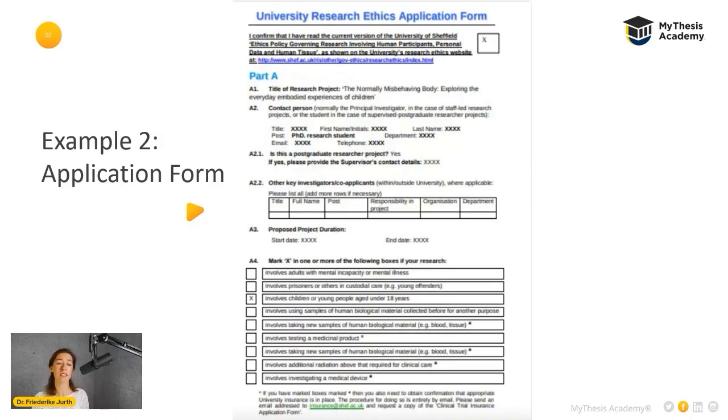As I said, it is also possible to design a form, but keep an eye on that. Have a look at the guidelines and at the forms of your university, because many universities, as I already mentioned, also provide templates for their students. So caution with that.